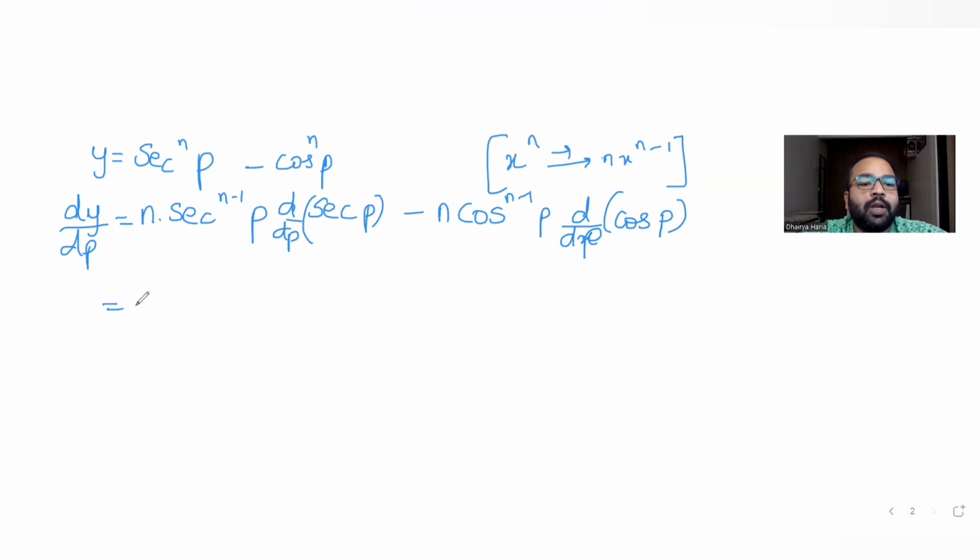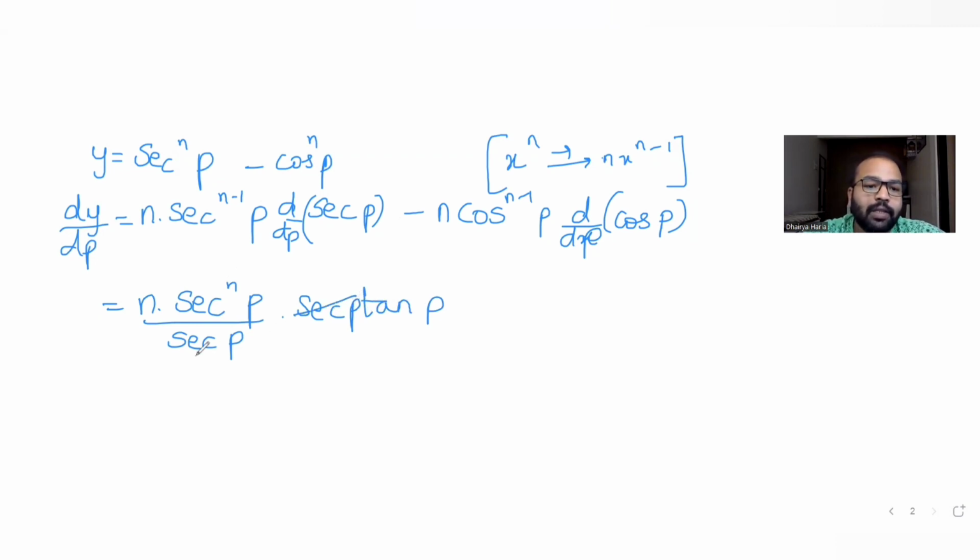Yeah. So now it gives me n. This becomes sec raised to n p upon sec p. I can write n minus 1 as sec raised to n p upon sec p. That gives you n upon 1. And the derivative of sec p, if you know, is sec p tan p, because derivative of sec theta is sec theta tan theta.